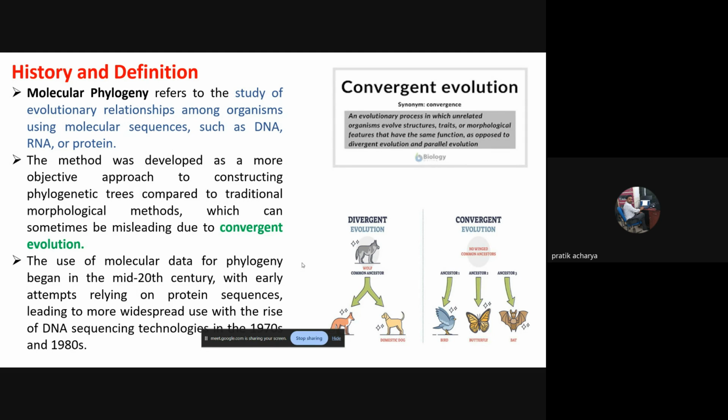But the same forelimbs of a whale, which lives in an aquatic medium, are modified to flippers, and these flippers are meant for swimming. So that condition is divergent evolution, because the two organisms have the same ancestry; the forelimbs show the same ancestry.